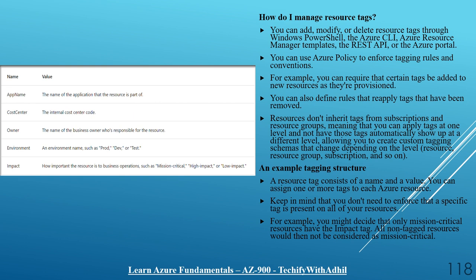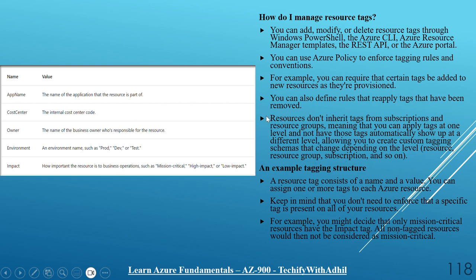You can also define rules that reapply tags that have been removed. Like if a tag has been deleted or removed from resources, we can have a policy that every resource must have this tag, so that once removed it will be reapplied. So resources don't inherit tags from subscriptions and resource groups. This is one of the important things when you're doing certifications.